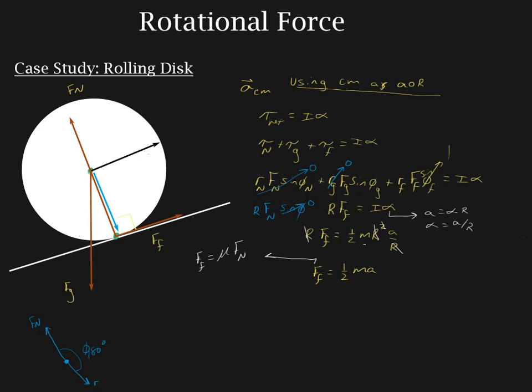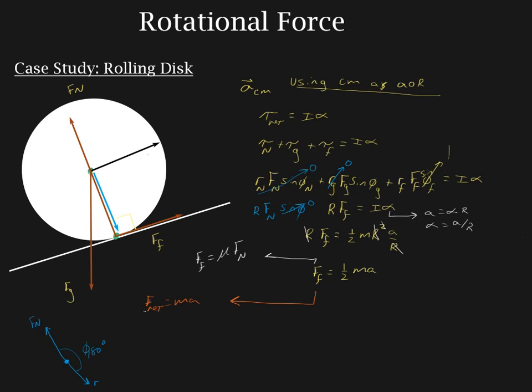The answer to that question is we're going to use Newton's second law for translation, because guess what? This disk is still translating through space, and Newton's second law is still going to be valid. So in order to eliminate friction, we're going to write F net is equal to ma.